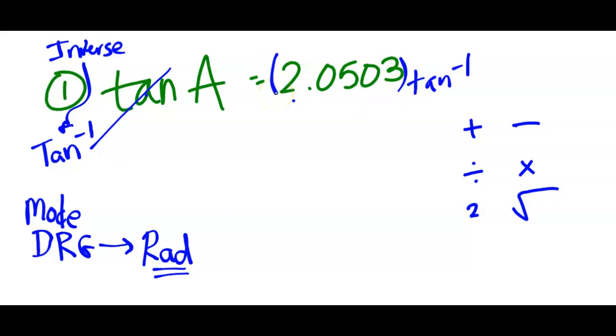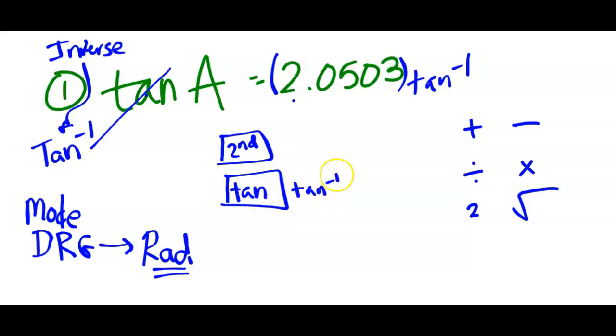First, I change my calculator to radians, then I find the second button, and then I hit my tangent button, because underneath that is the tangent to the -1. My second and then tangent, and then in parentheses I type in my number and I hit equals.